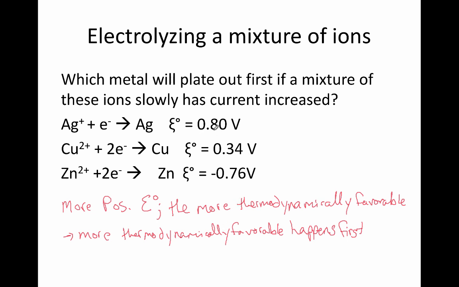So that means that our silver ion will plate first, followed by our copper. And then our zinc will plate last. And that is because it's a negative voltage, so this one actually is very unlikely to happen, and would require a great amount of current in order for it to happen.